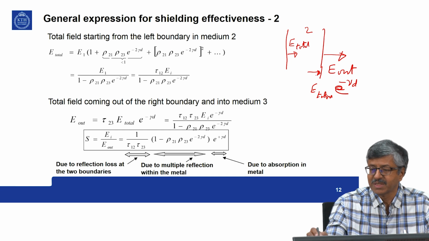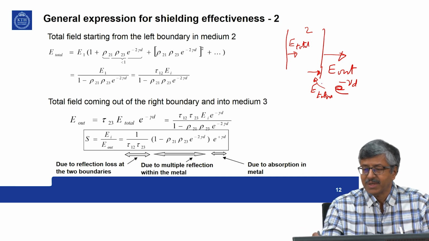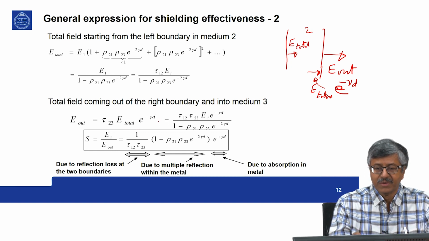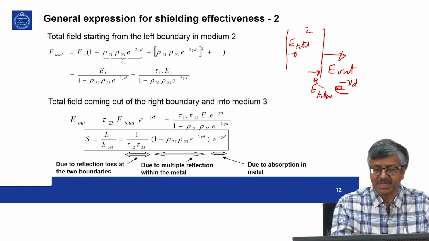This is what is reaching here. Now, as it is going out, it will be tau 23 E total e to the power of minus gamma d. You substitute E total from here into this, then you get this expression.